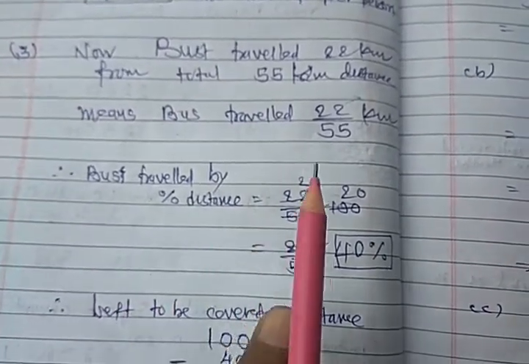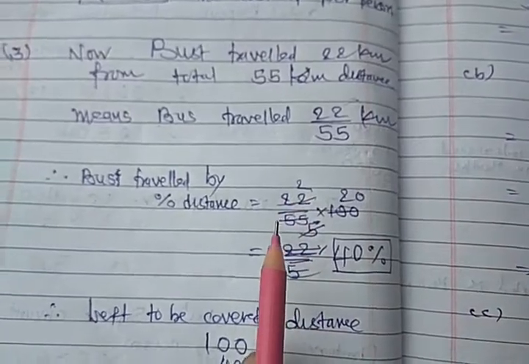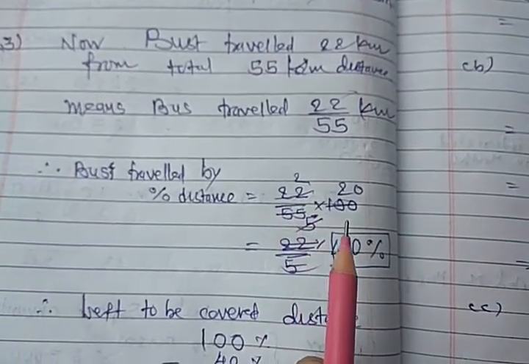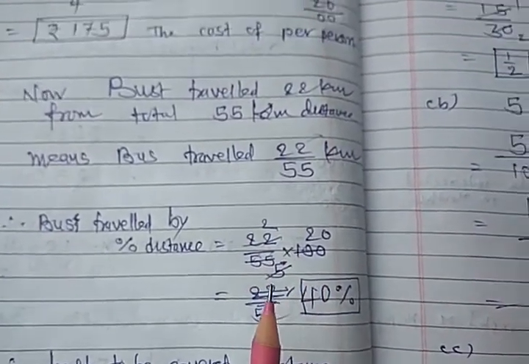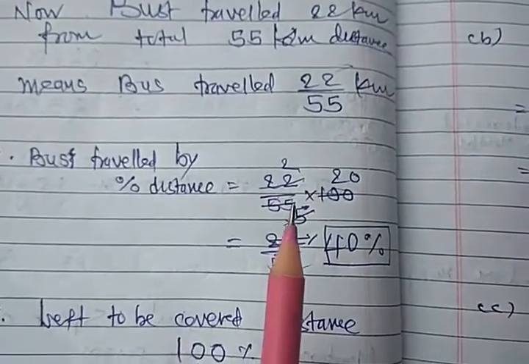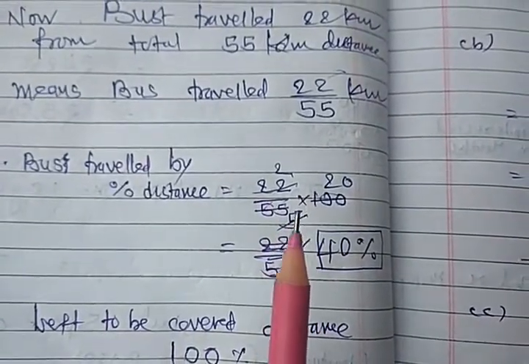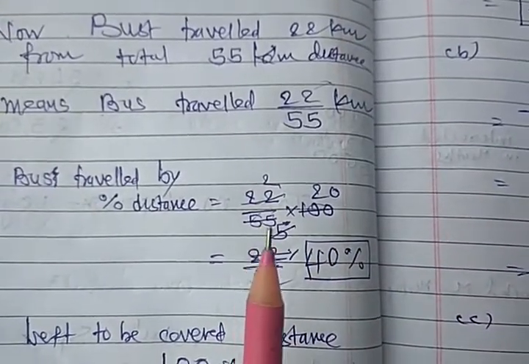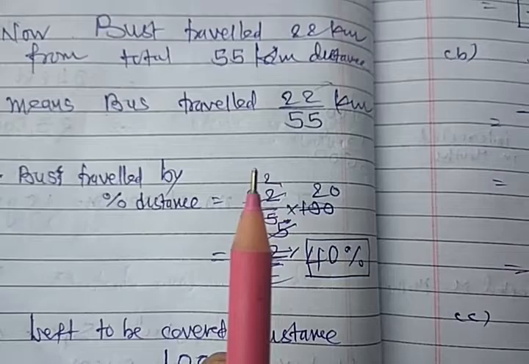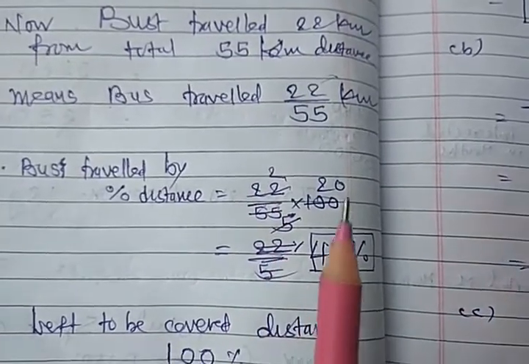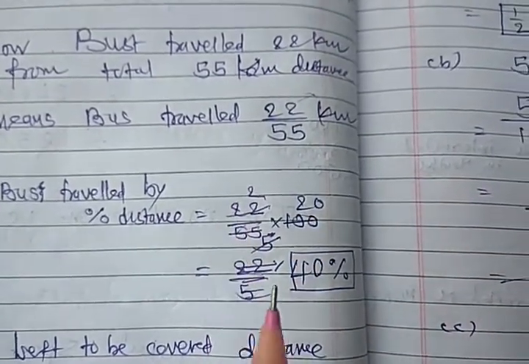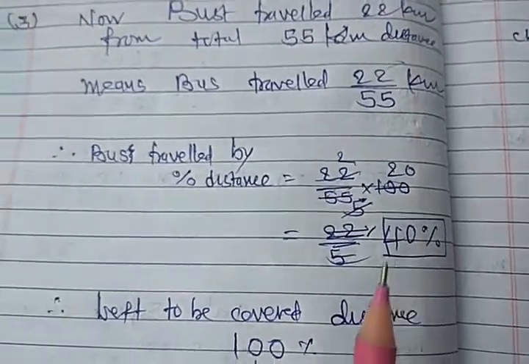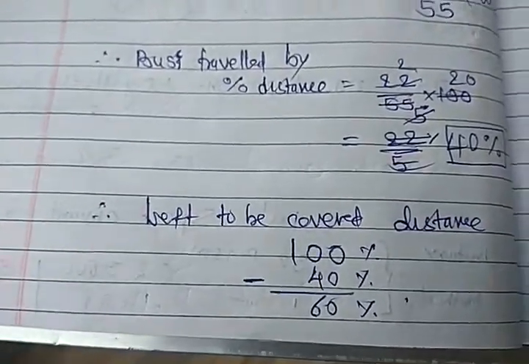Whatever the bus travels, 22 upon 55, when we convert into percentage, simply multiply by 100. So 22 upon 55 multiply by 100. Now you see here, 11 5s are 55, 11 2s are 22 and 5 20s are 100. So you will get 22 2s are 40. So your answer is 40 percent.